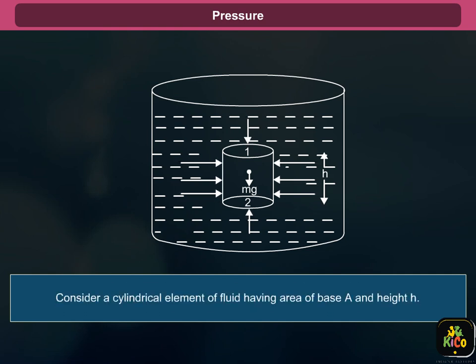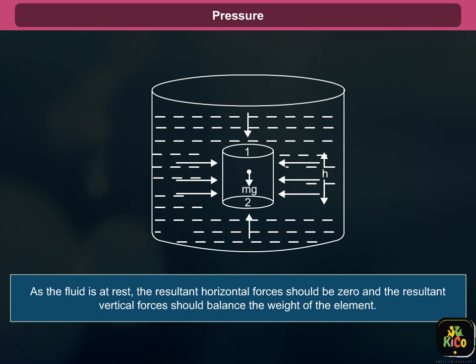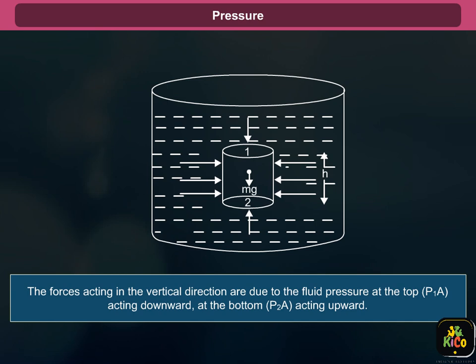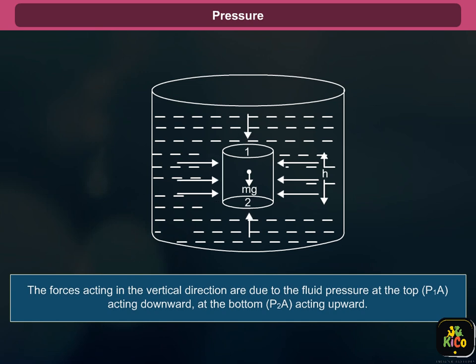Consider a cylindrical element of fluid having area of base A and height h. As the fluid is at rest, the resultant horizontal forces should be zero and the resultant vertical forces should balance the weight of the element. The forces acting in the vertical direction are due to the fluid pressure at the top, P1A, acting downward, and at the bottom, P2A, acting upward.